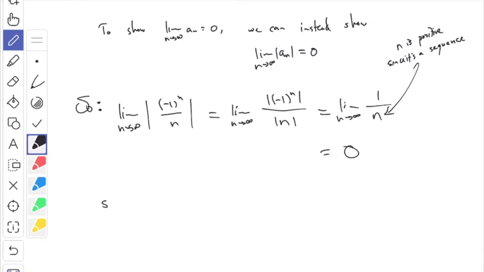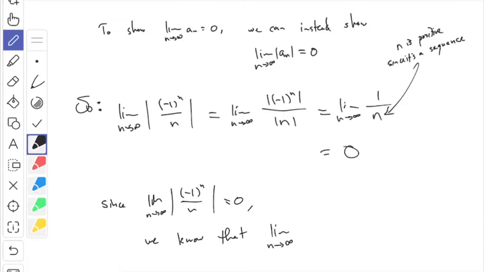So I'll just conclude by saying, since lim n goes to infinity of absolute value of (-1)^n over n equals 0, we know that the limit without the absolute value is 0.